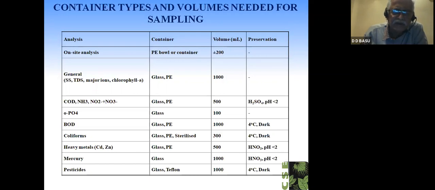BOD is 1000. For coliform, it is better to take a sterilized glass bottle. For heavy metals, you can take glass or polyethylene, but you must have a preservative, nitric acid to pH 2. For mercury, also use nitric acid to pH 2. For pesticides, glass or Teflon.